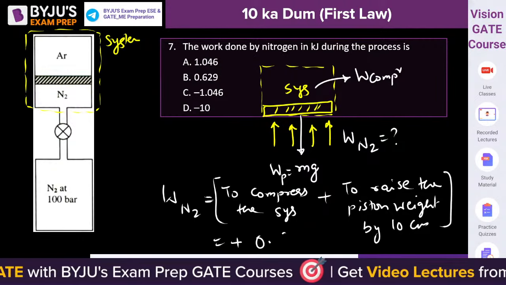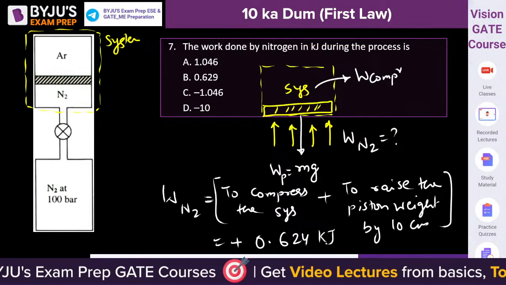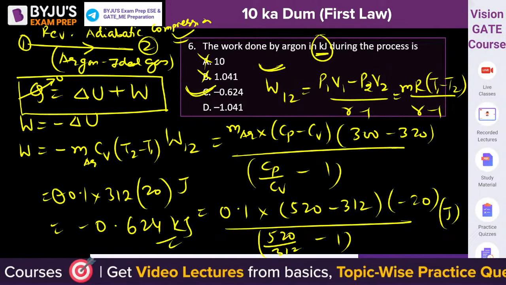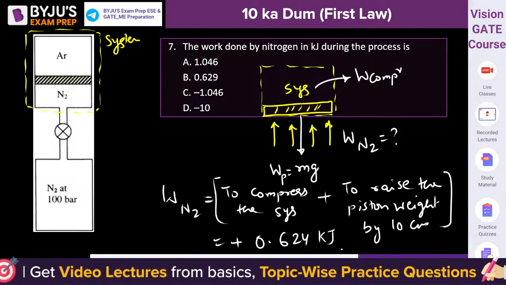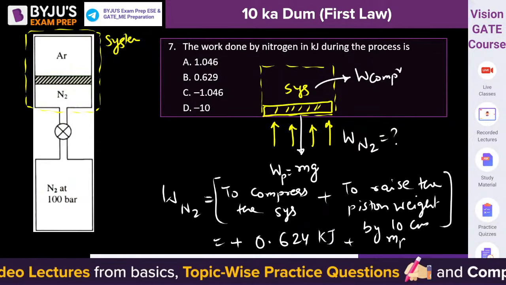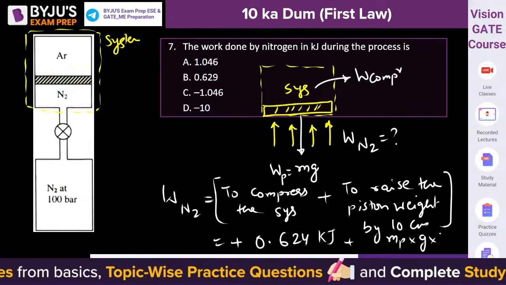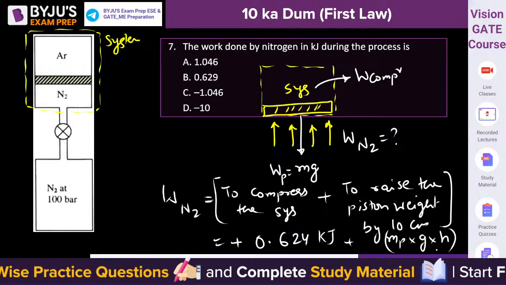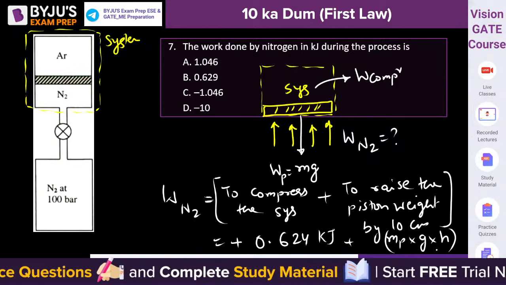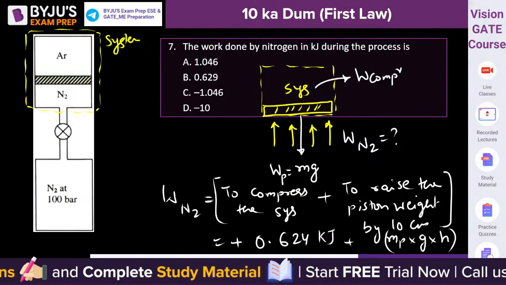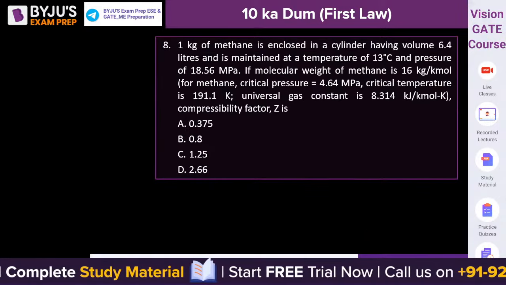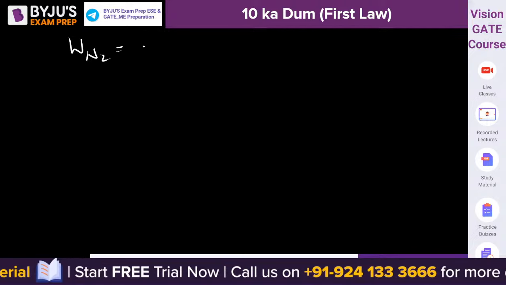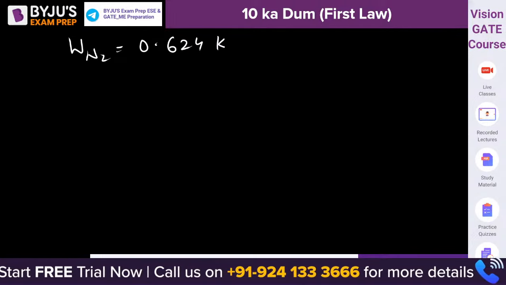So plus 0.624 kilojoule we have already obtained, plus to raise the piston, mass of the piston into g into h, this is extra work done. That will be the total work done. So the work done by nitrogen is equal to 0.624, it is in kilojoule.